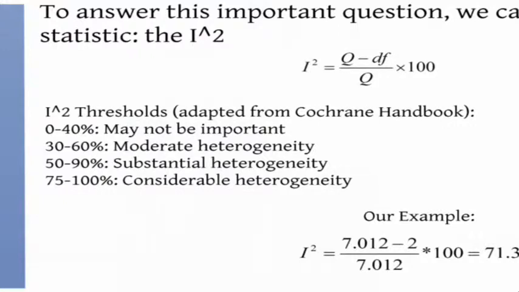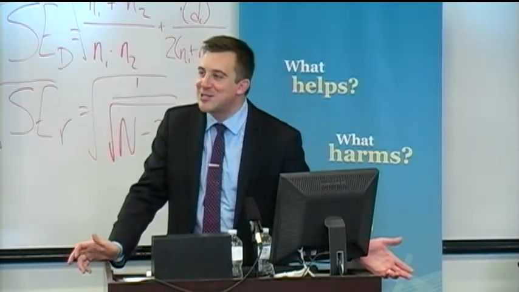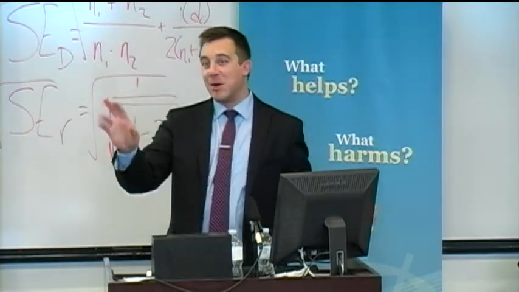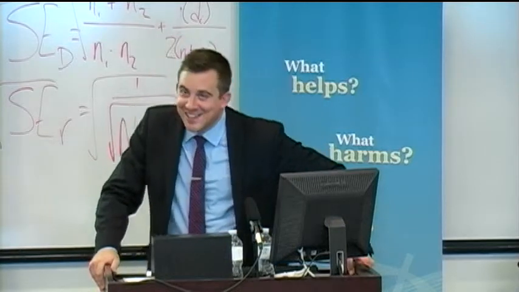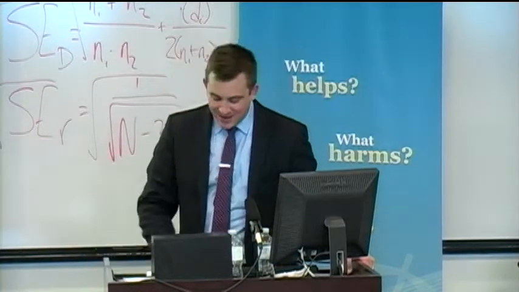This is Julian Higgins' mind at work right here, I guess. 30 to 60% means moderate heterogeneity, 50 to 90% means substantial, and then 75 to 100 means considerable. So I guess that means if you have 80% on your I-squared, you get to choose whether it's substantial or considerable. I feel like I'm throwing Julian under the bus, so if Julian ever sees this, sorry to him too, but I'm having a little fun with his I-squared.